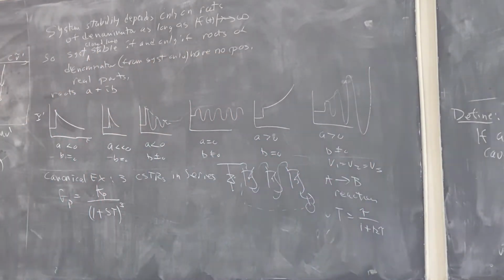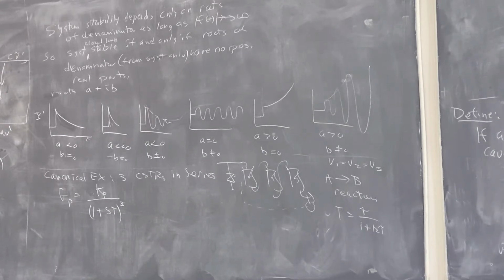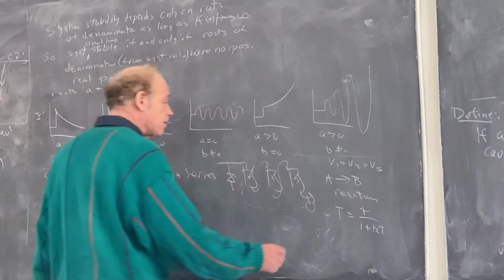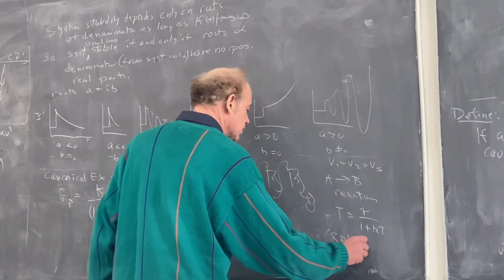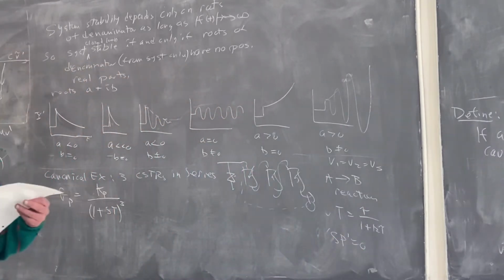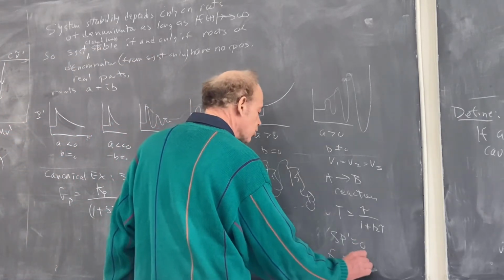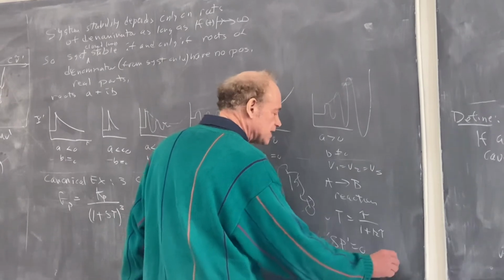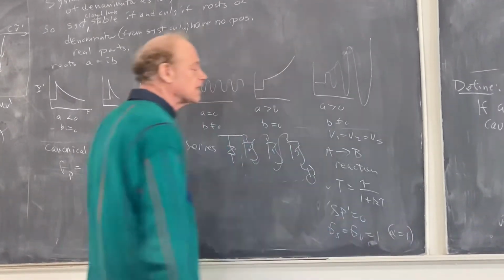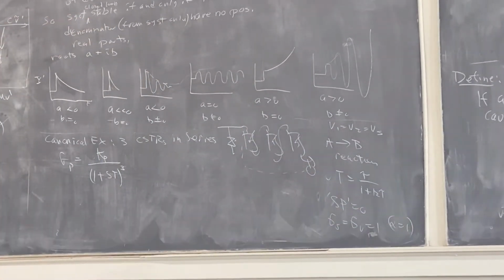So we're going to do sort of a numerical example here. I'm going to let SP prime be equal to 0, but I'm going to have GS and GV both be equal to 1. That's why I said alpha is equal to 1 in this case.